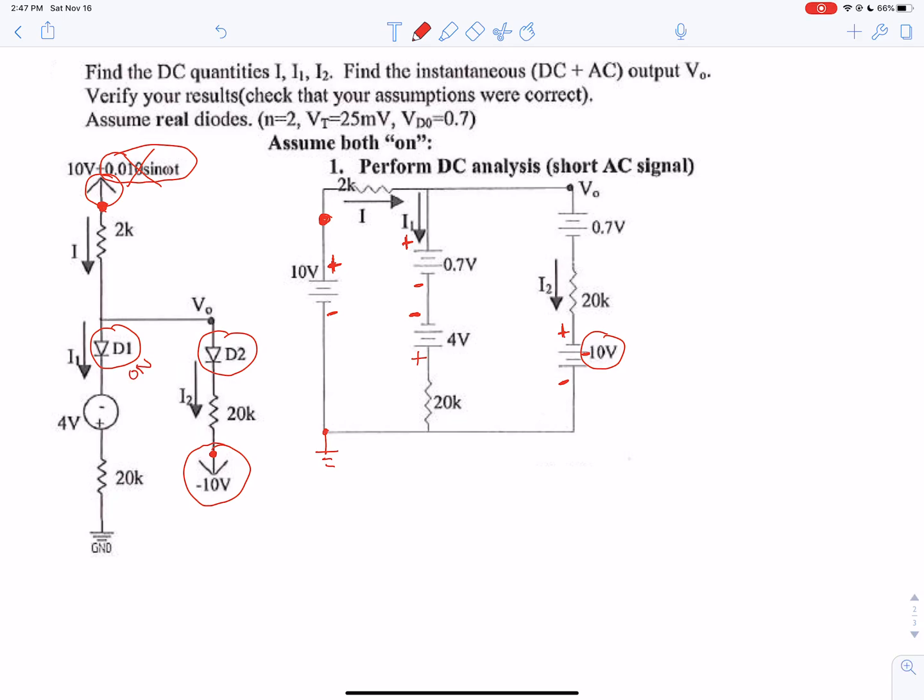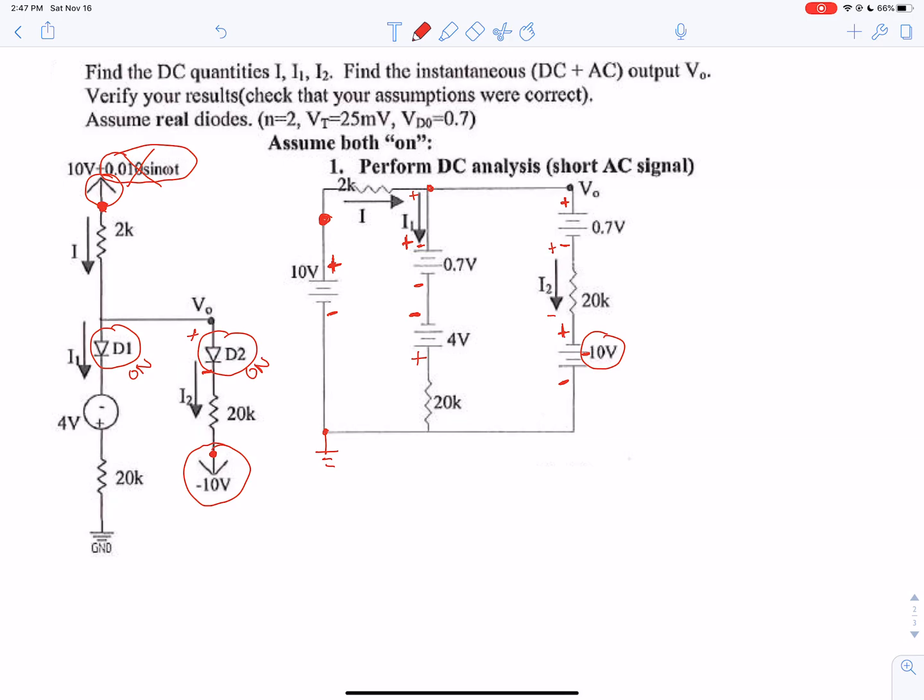So both of these were assumed to be on, and we're going to orient it in the same direction as its polarity. The negative side is always on the side of the diode that has a little line. So I2 goes from the plus side to the minus, and I1 also flows in the same direction as the diode polarity.